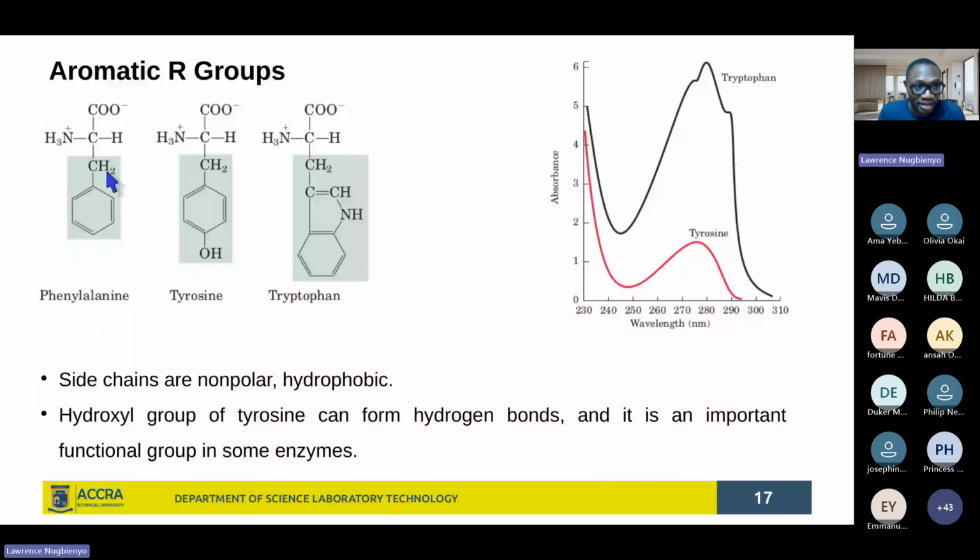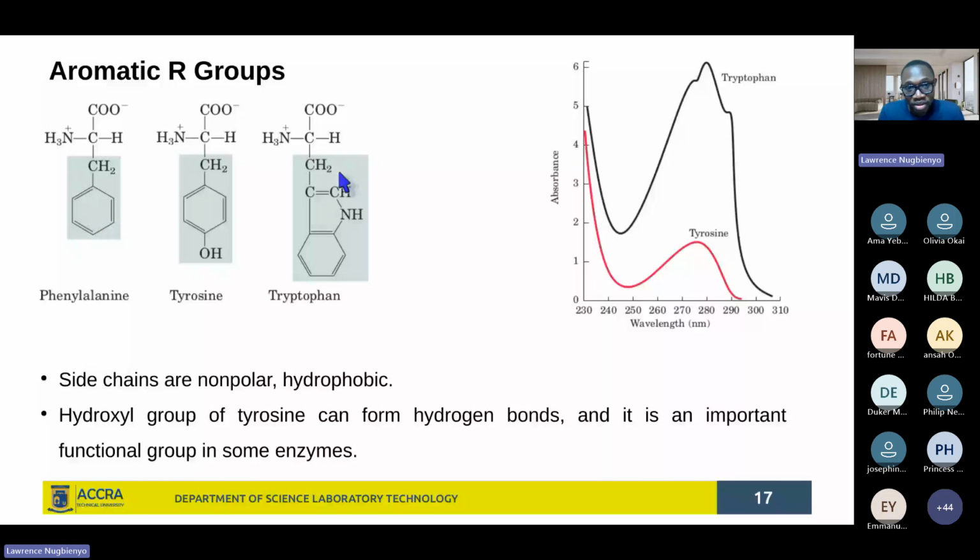So just one hydrogen is gone, and the addition of a phenyl group, a six-sided carbon ring, becomes phenylalanine. And just by addition of a hydroxyl group to that, you have tyrosine. You can even say tyrosine is hydroxylated phenylalanine. That way you can quickly remember.